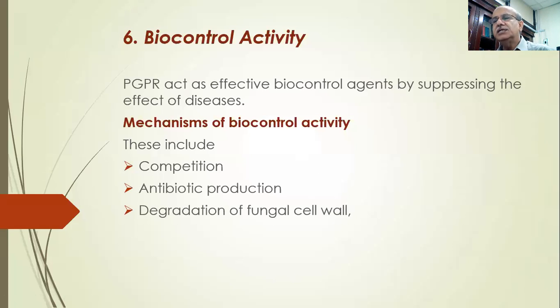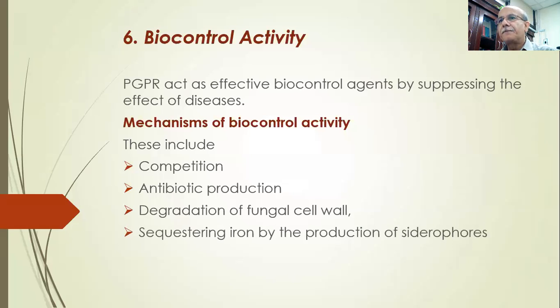I just told you that some of the bacteria produce chitinase enzyme, and the fungal cell wall is made up of chitin. The bacteria which can produce chitinase enzyme degrade the cell wall of fungi acting as pathogen. As a result, the pathogenic effect of fungi is reduced.